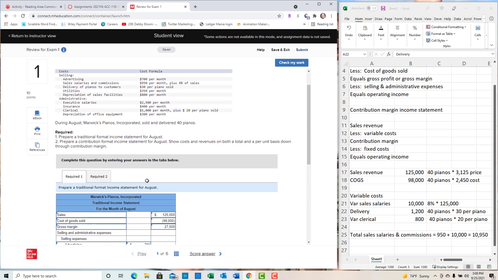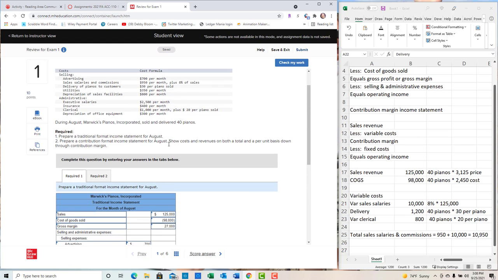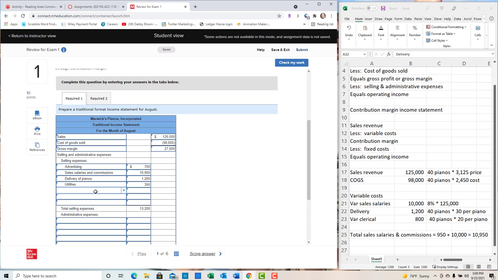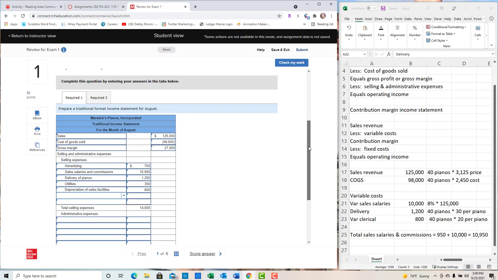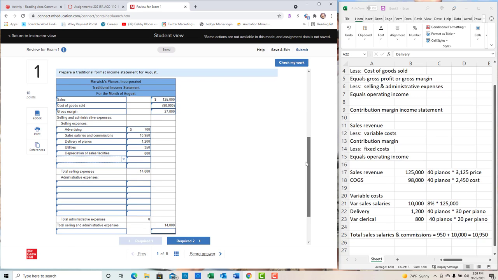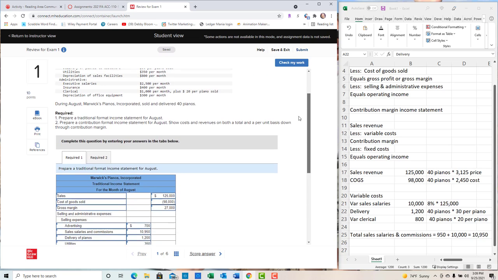And finally, the last one that we have is depreciation of sales facilities, $800 per month. So we have all of our selling expenses. Now we're going to have to do exactly the same thing with our administrative expenses.